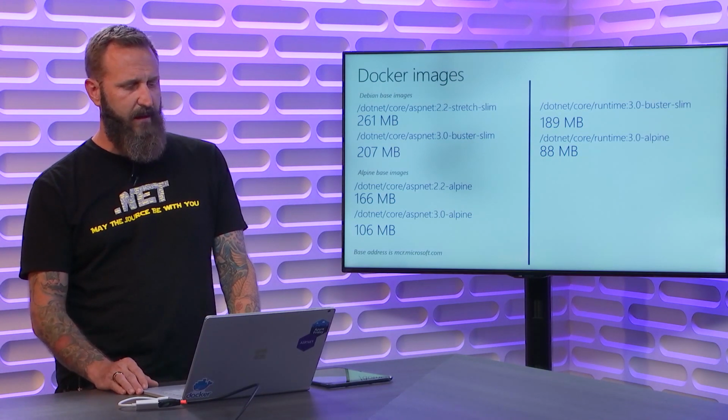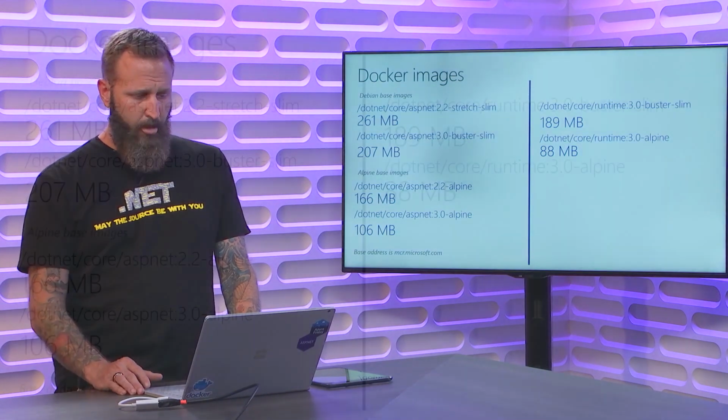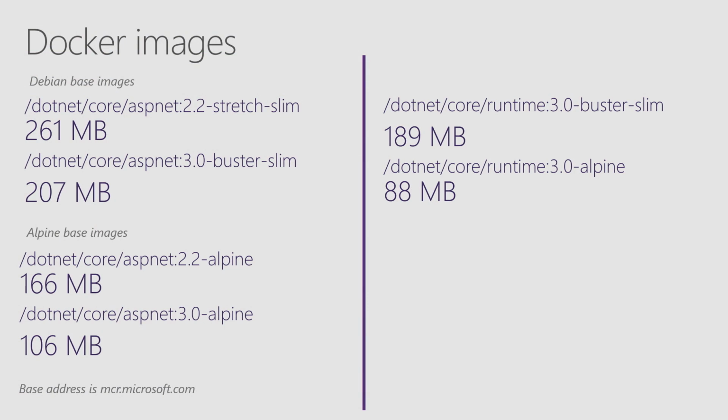So when we look at our Debian-based images, previously under 2.2, they were 261 megs, which is a decent size, but now we've reduced that down to 207. And in Alpine images, you'll see that we've got 166 down to 106. And that's a significant reduction in size when it comes to pulling those images and also scaling out.